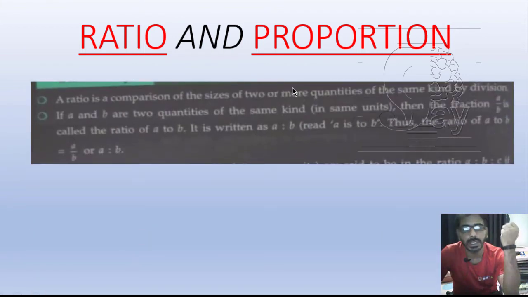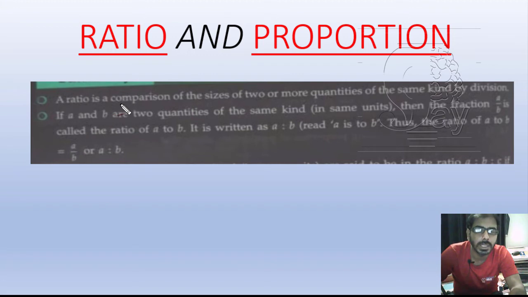So what is a ratio? A ratio is a comparison, this is important, a comparison of the sizes of two or more quantities of the same kind by division.